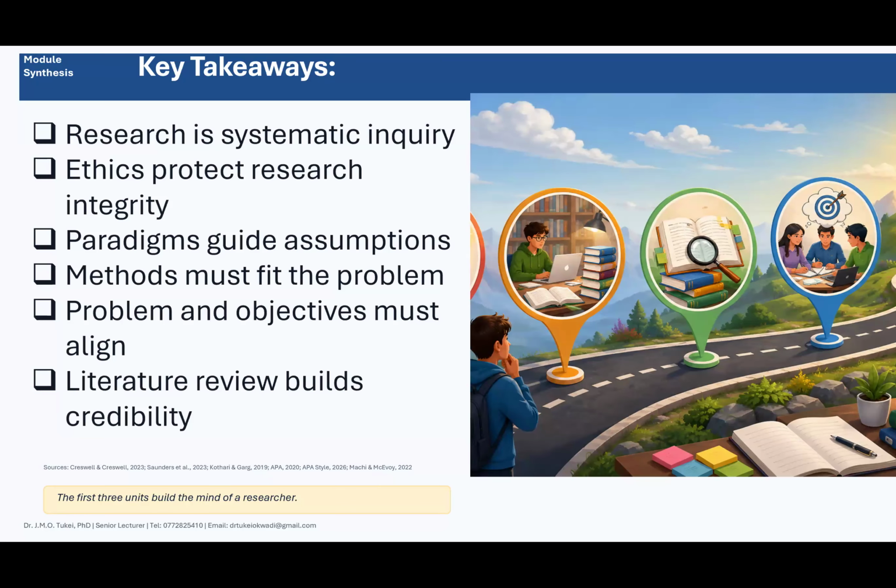Unit number 2 shows that every study rests on assumptions about reality, knowledge, and appropriate methods. Unit number 3 translates those assumptions into a practical process, which involves topic, problem, objective, literature, and conceptual clarity.